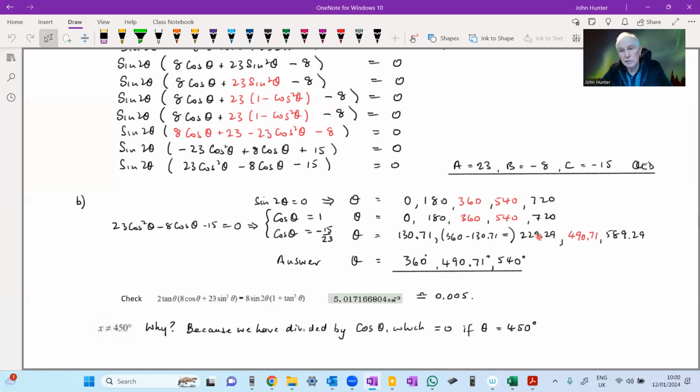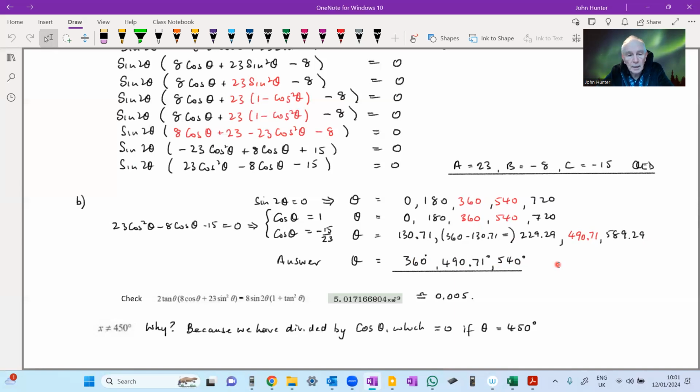Obviously they're not in the range that we require. But if we add 360 to each of these, then we get another pair of solutions here, 490.71 and 589.29. So the ones in black are not in our range, but 490.71 is. So we can see from here the three solutions, which are 360 degrees, 490.71, and 540 degrees.